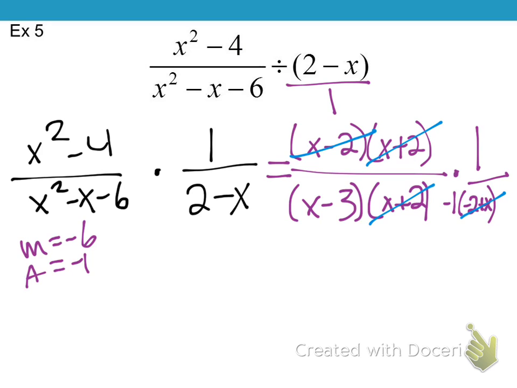Negative 1 over 1. Yeah, so it doesn't matter if you put the negative with the top or the bottom. So we're going to end up with a 1 over, and then if you want to keep it like this, you can.